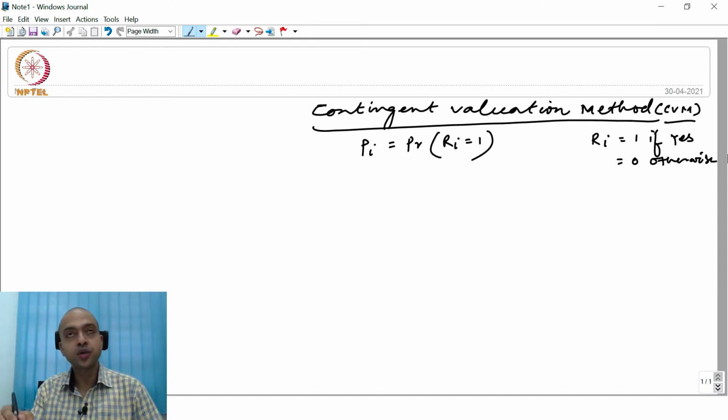That is what we are going to estimate by applying a probabilistic model, basically the logit model we discussed yesterday.